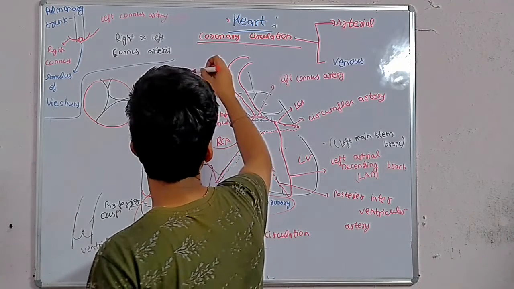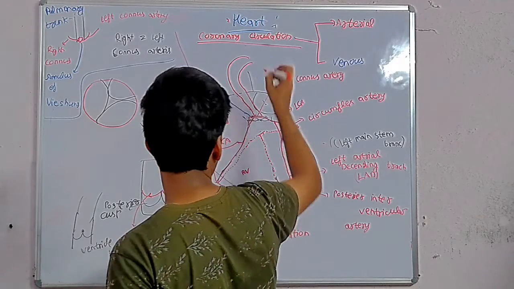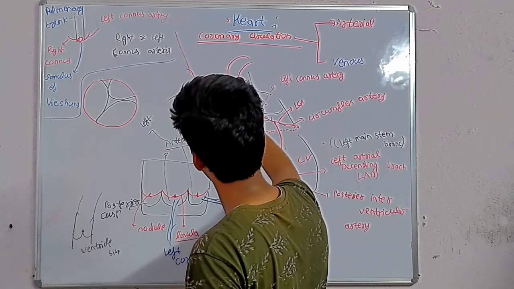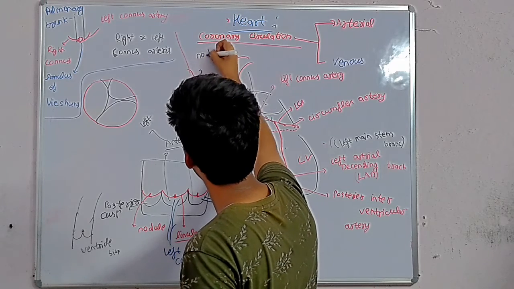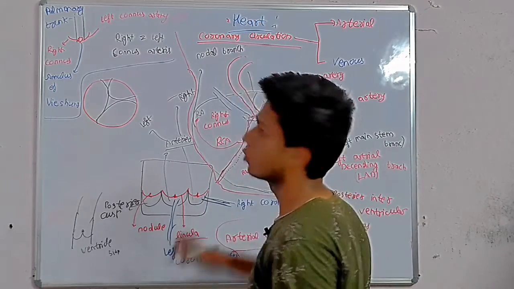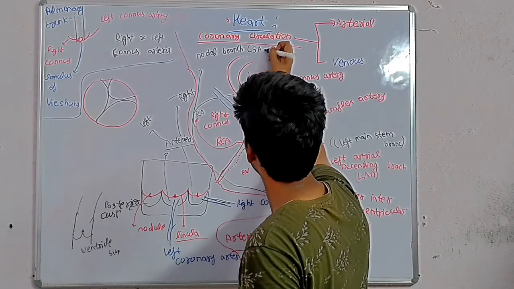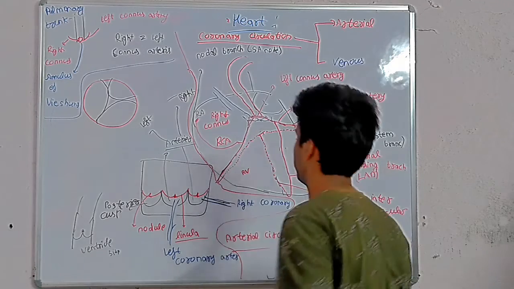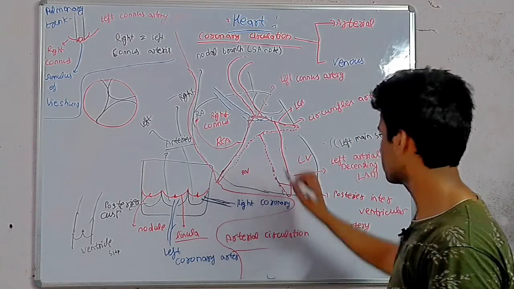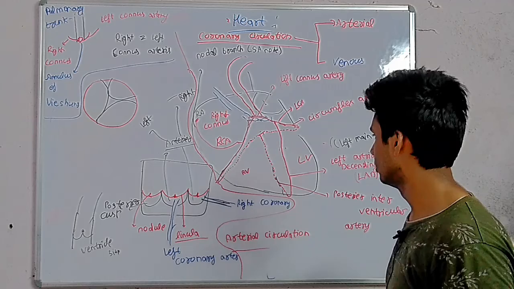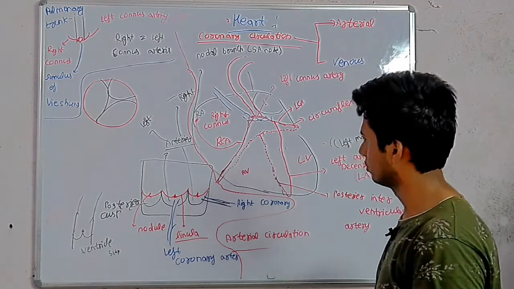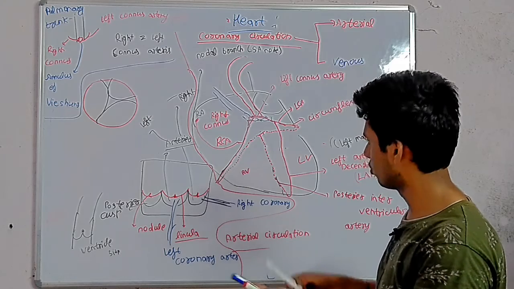This branch is called the nodal branch, which supplies the SA node. Done. And another branch is from the posterior descending interventricular artery. It also supplies the SA node.